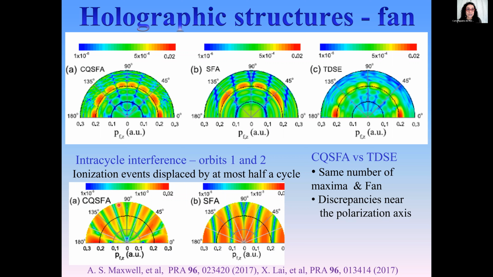So here, close to 90 degrees, this is going to cancel out, and then you can see also here it agrees with the strong field approximation, but here and here and here it won't. So it's going to lead to a divergence structure. So we could actually say for sure, by switching off all the other processes, that the fan is due to orbits 1 and 2.